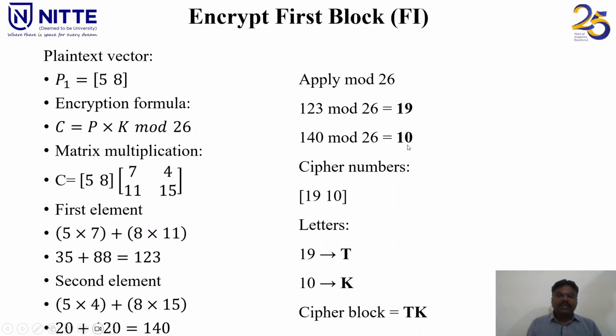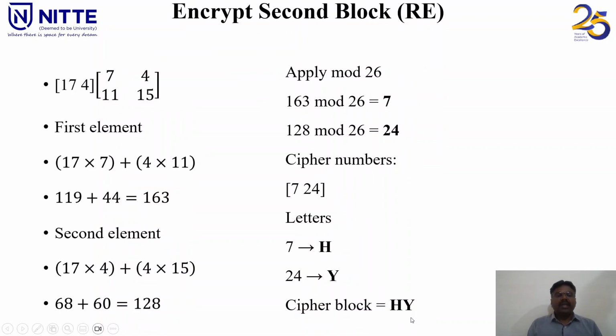Converting 19 and 10 back into letters, T is the equivalent of 19 and K is the equivalent of 10. So the very first cipher block for the plain text block is TK. Similarly, we perform with the second block, RE, which is multiplied with the key matrix.